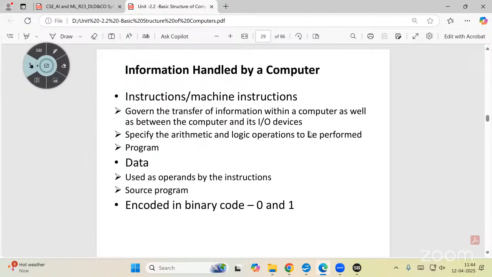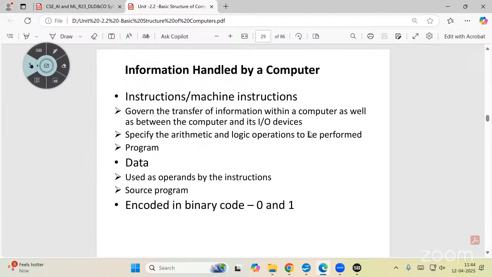They govern the transfer of information within a computer as well as between the computer and its IO devices. While executing the program, data is fetched from the read-only memory to random access memory, and from that memory device to the output device.